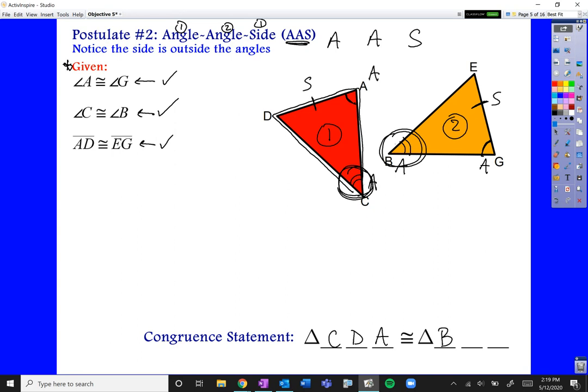So in my second triangle, I need to go from the double marked angle to the no marked angle, down to the single and back. So I must have to do B, E, G. And these are congruent by angle, angle, side. Again, angle, angle, side, side, angle, side. These are just ways to prove congruence based on what information we have.